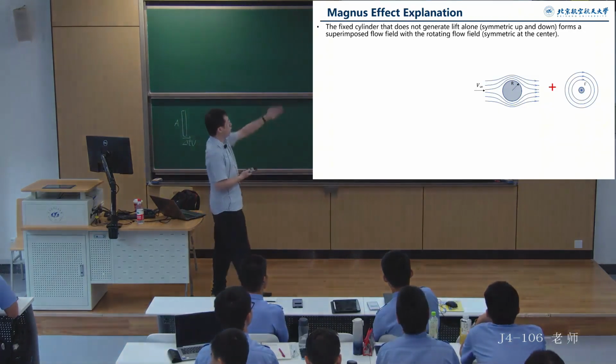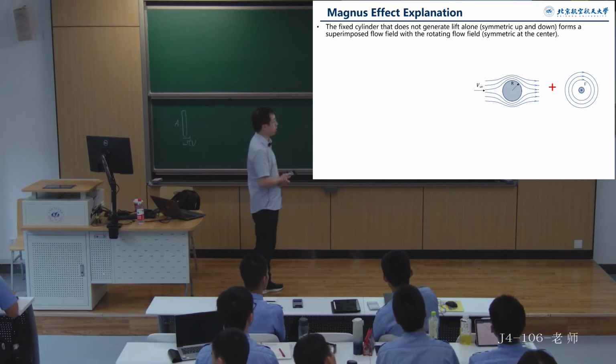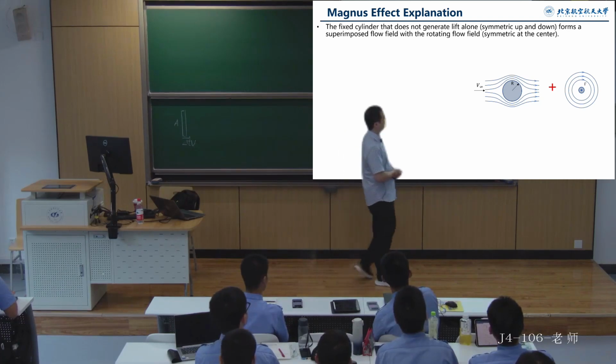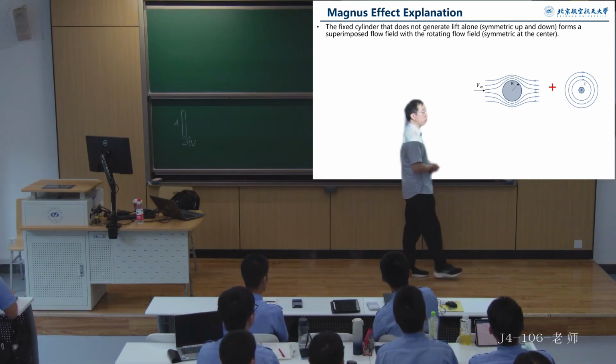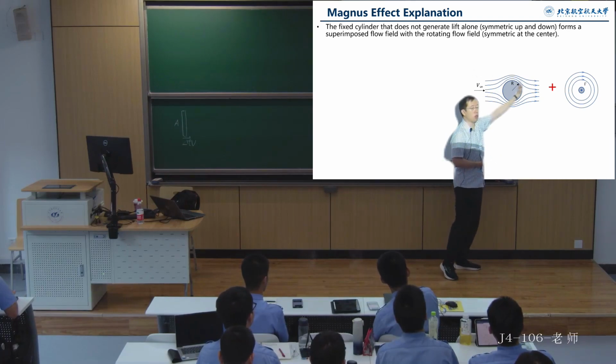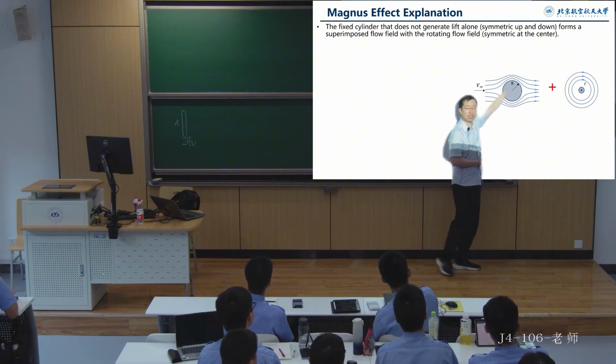So, if we were to directly illustrate the Magnus effect, it can be represented like this. For a cylinder, let's assume it is non-rotating. When a flow hits the front of the cylinder and then flows past it, I ask everyone, what should the flow pattern be like on the top and bottom parts?